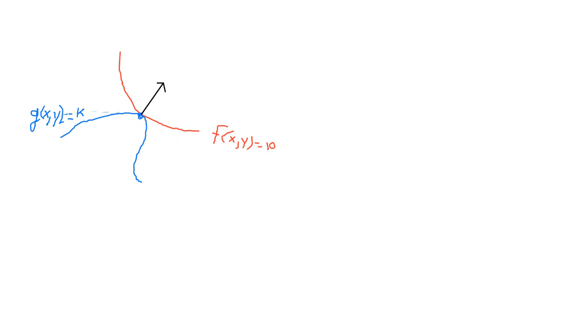What would that vector be? Okay, that's right, Ryan. That's the gradient vector.